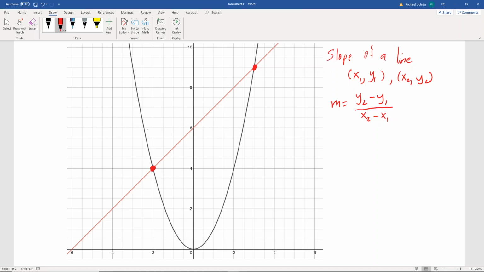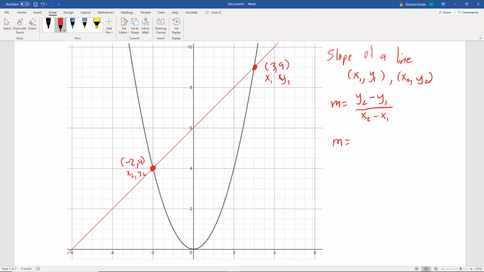Is it from the first point or is it from the second point? So in this case, (-2, 4) is this point on the function, and (3, 9) is this point on the line. So to find the slope of the line for this example, we have our x1, y1, and x2, y2.